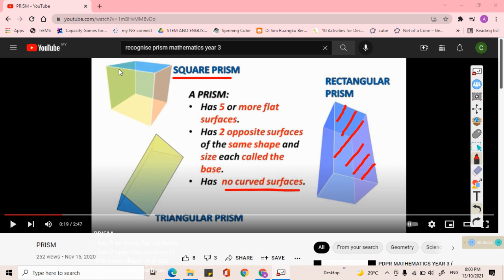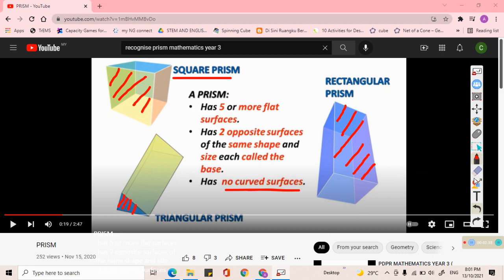This one is square prism. What about this one? This one has the shape of a triangle, so you call it triangular prism. Okay, there are 3 examples of prisms only that you will learn in year 3, which are square prism, rectangular prism, and triangular prism. Alright.